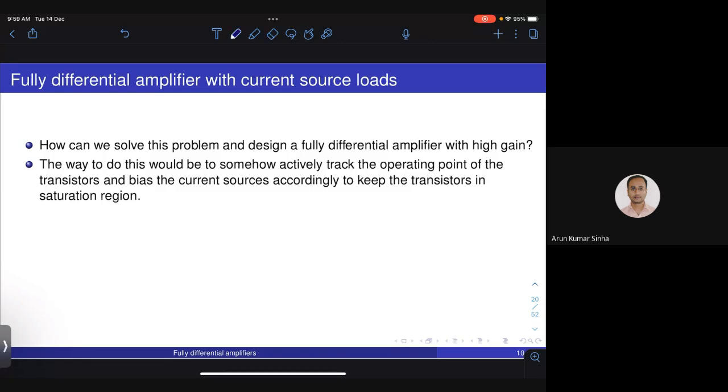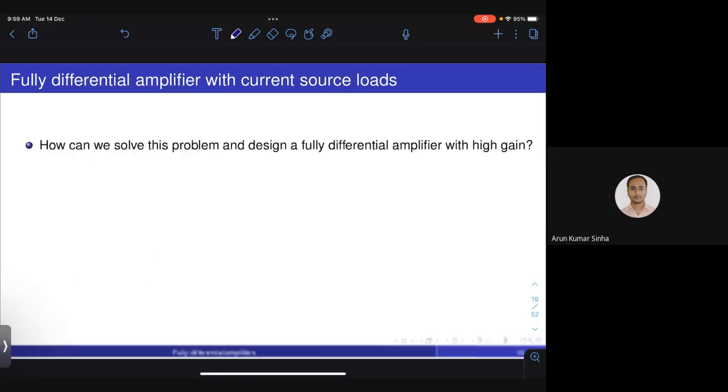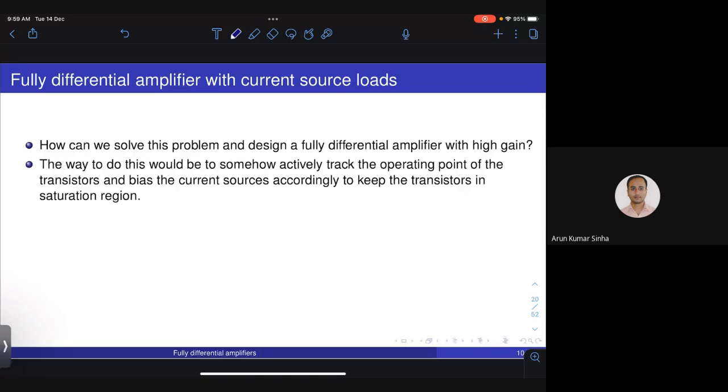When I say you cannot do it by design, it means that by fixing the geometry, choosing a certain W, you cannot ensure at design time that this circuit will work. This will definitely not work. So you have to somehow actively track the operating point, check using some kind of feedback mechanism whether it is actually going out of saturation, and detect it and correct for it dynamically.